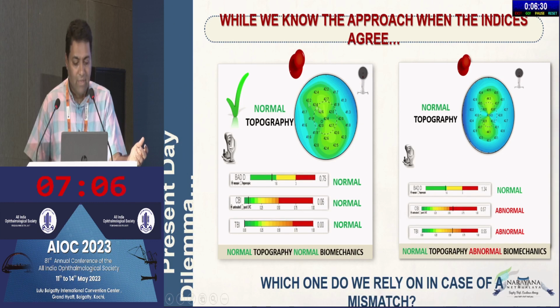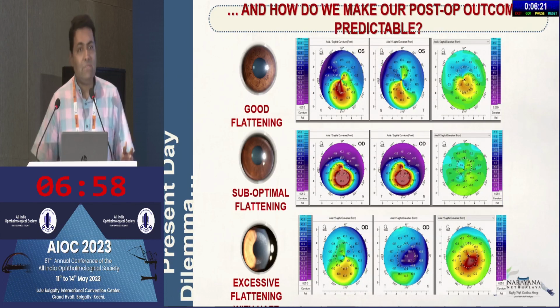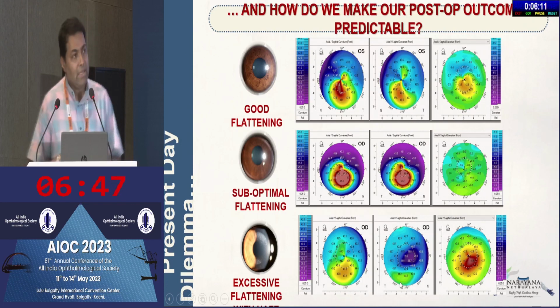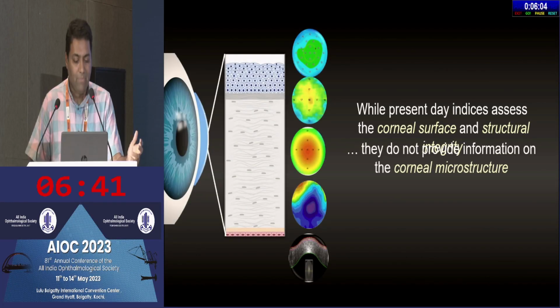Sometimes there is skewing and no biomechanical changes, and the indices in both these cases could be normal. We also have challenges when we do cross-linking or SMILE Xtra and these procedures, when we don't know why some patients do very well and some patients actually fail. There again, we need indices or things which can predict what is really happening.